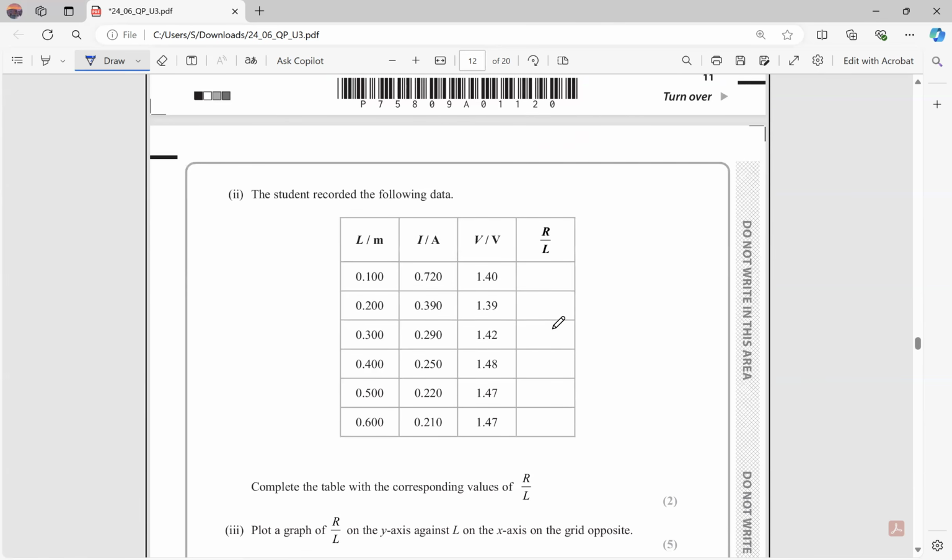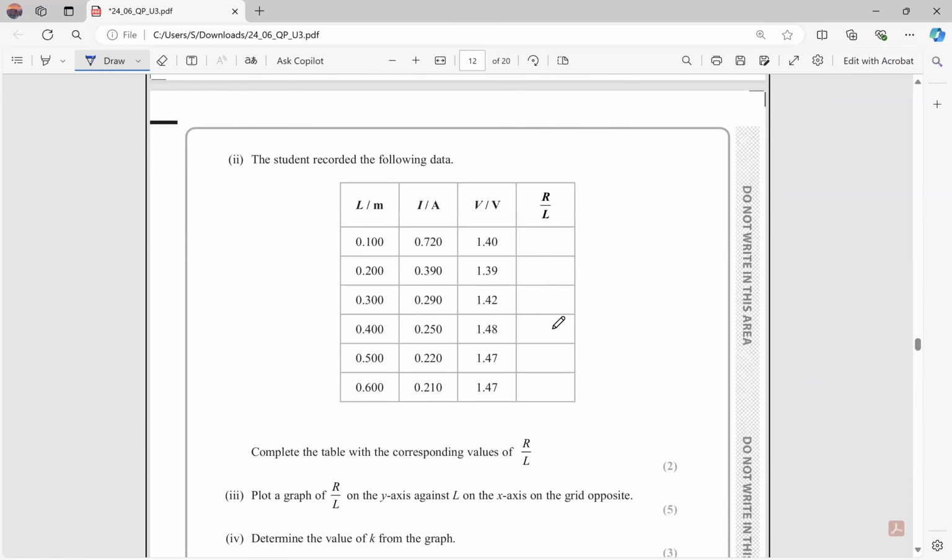Okay, next question. The student recorded the following data. Complete the table with the corresponding values of R over L. In the table, we have length in meters, current in amps, voltage in volts, and R over L, resistance over length, so it would be ohms per meter. The resistance is just voltage over current.